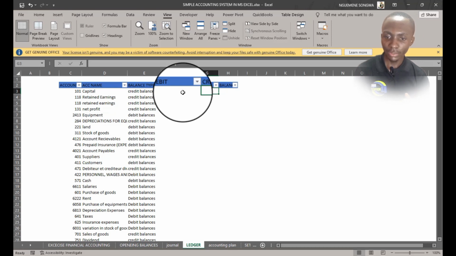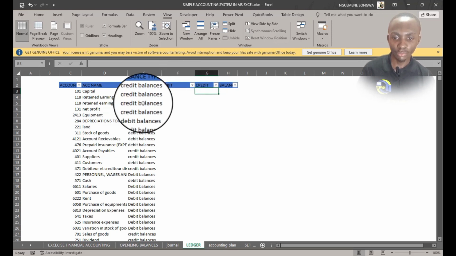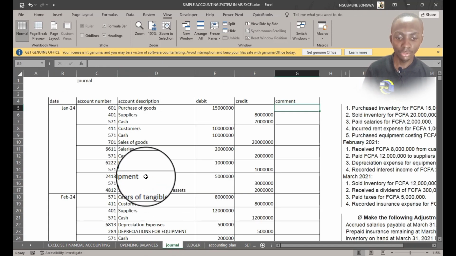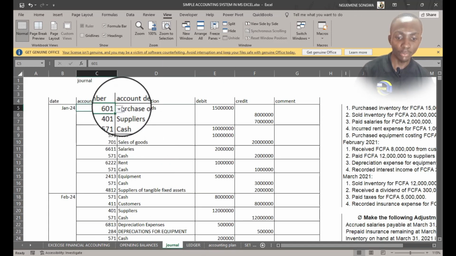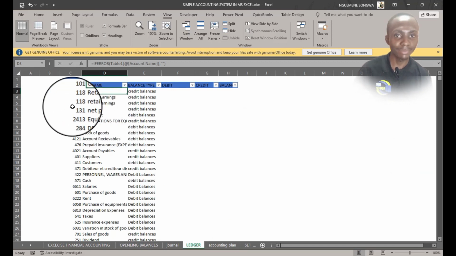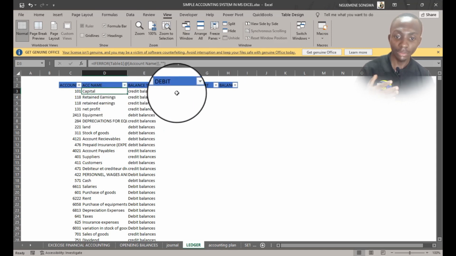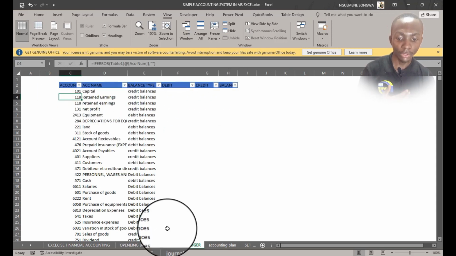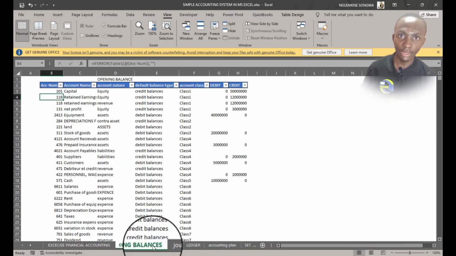But this table cannot duplicate capital, or 601, as many times as it appeared in the journal. We are going to look for other ways to make that appear. But for now, we just need to get the total debits, the total credits and the balance of each of these accounts, looking up to the journal and the opening balance.